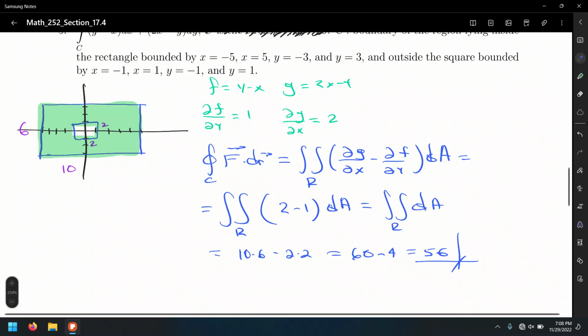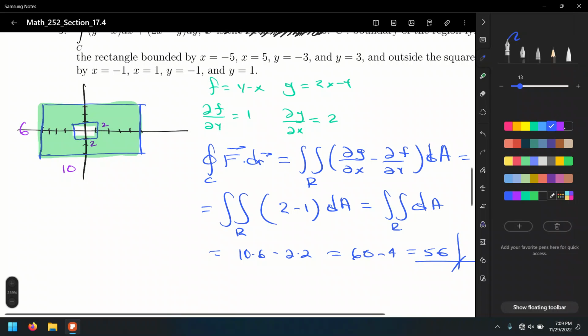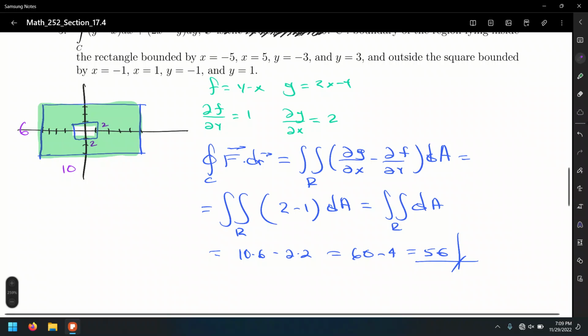How would we have done this integral if we didn't know Green's theorem? It's possible. Let me just give you a preview. We can start over here. That's C1, C2, C3, C4, C5, C6 in this direction, C7, C8, C9, C10, C11, C12.